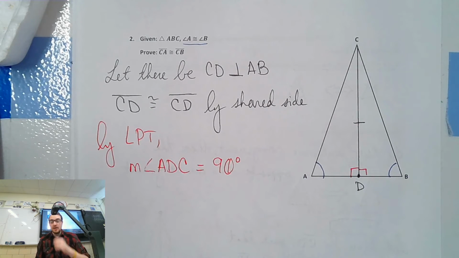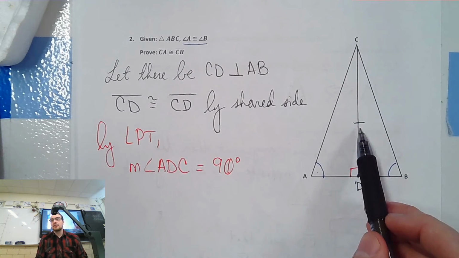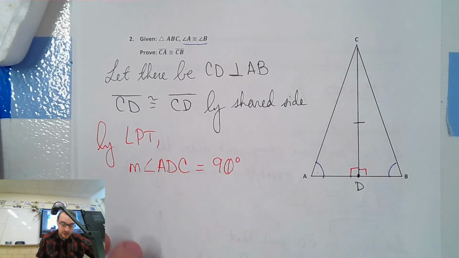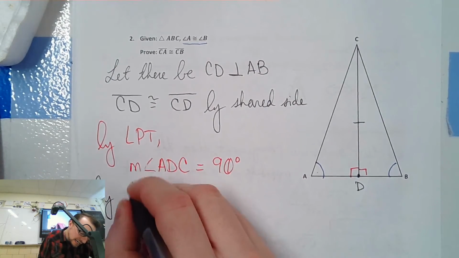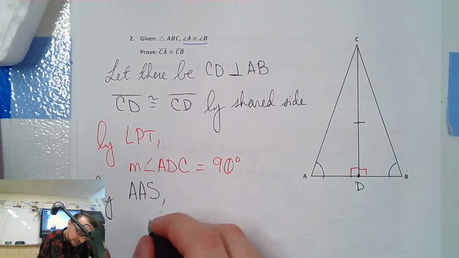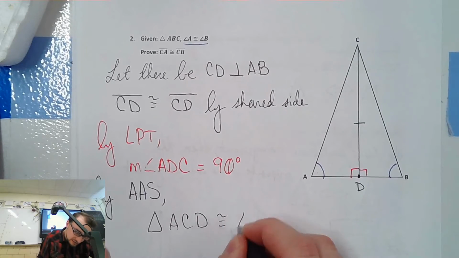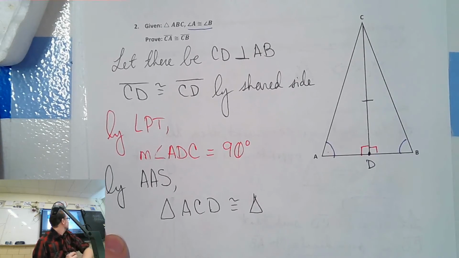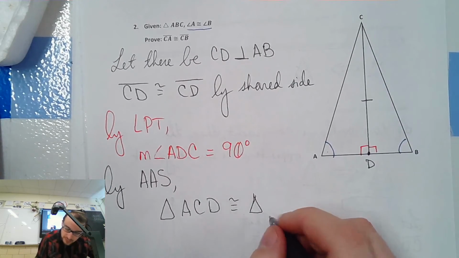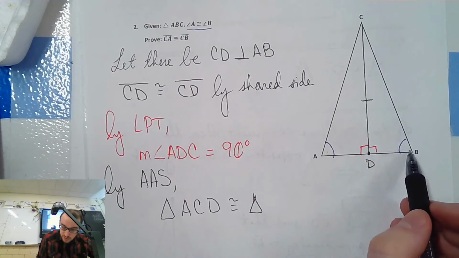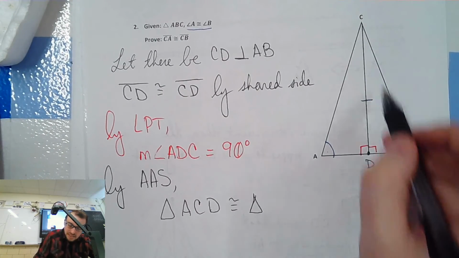Does everybody see that? We have angle, angle, side now. So by angle, angle, side, triangle ACD is congruent to triangle BCD.